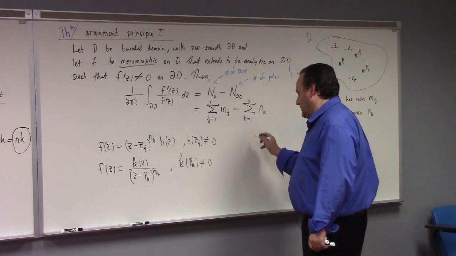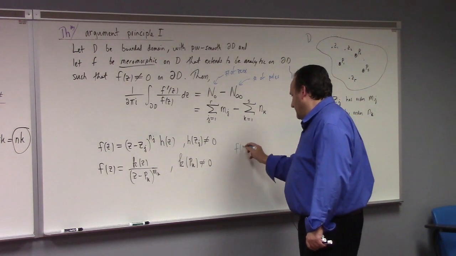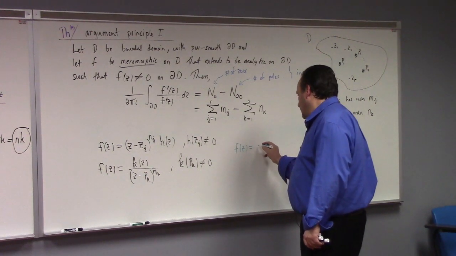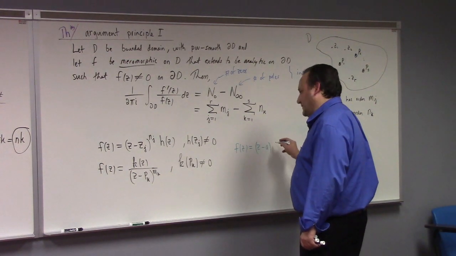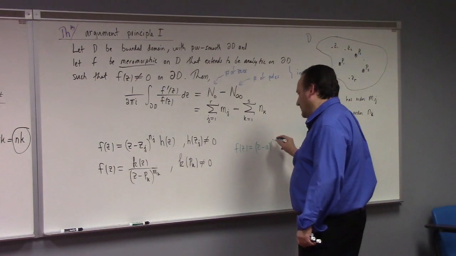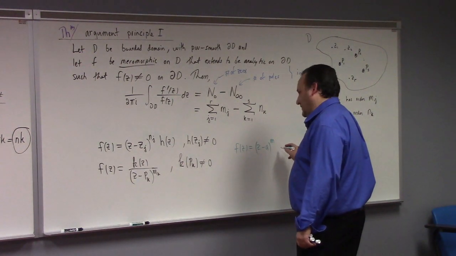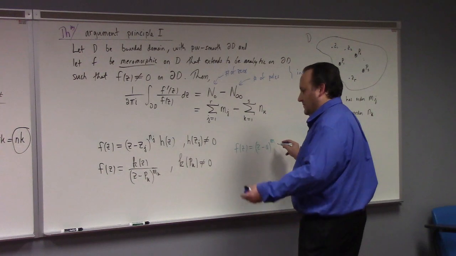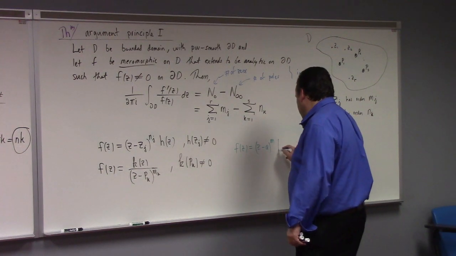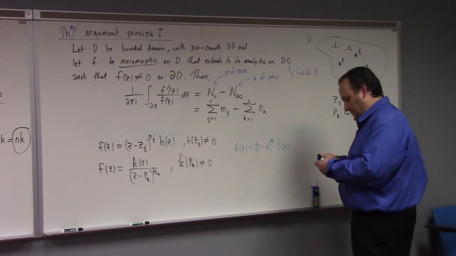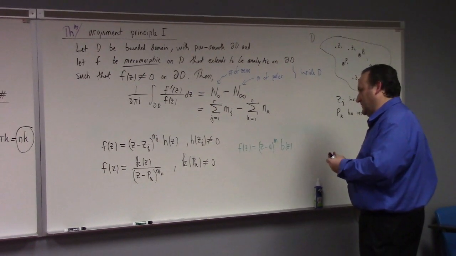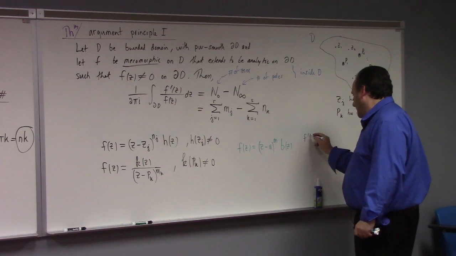Let me just suppose f of z is equal to z minus a to the m power times b of z. What is f prime of z over f of z in this context?